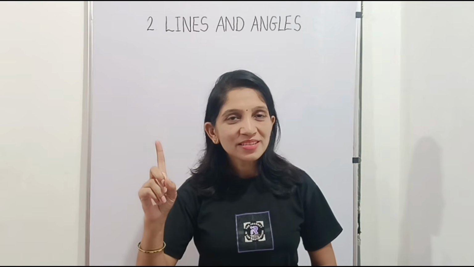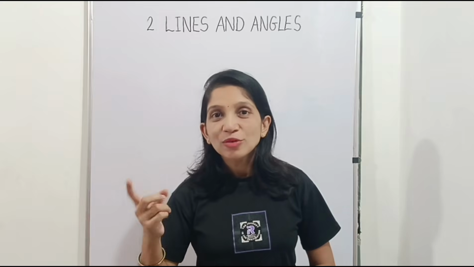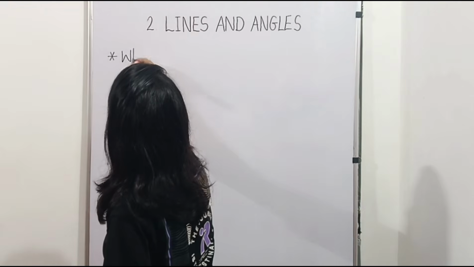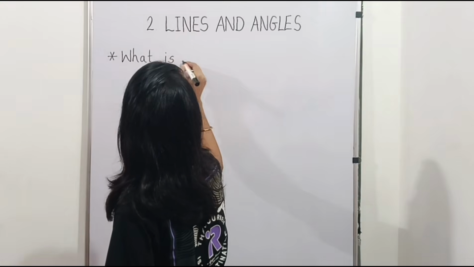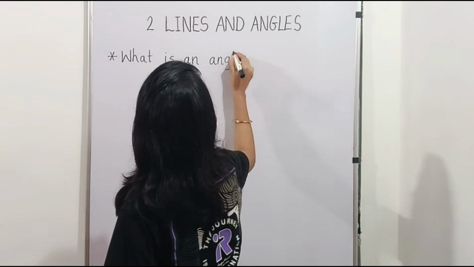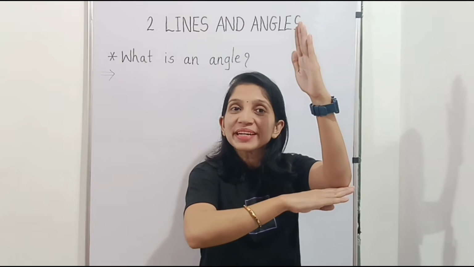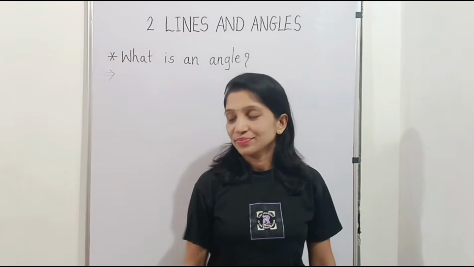But detectives, can you tell me what exactly is an angle? An angle is formed when two rays meet at one common point.